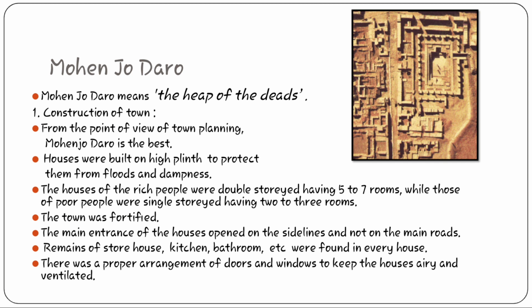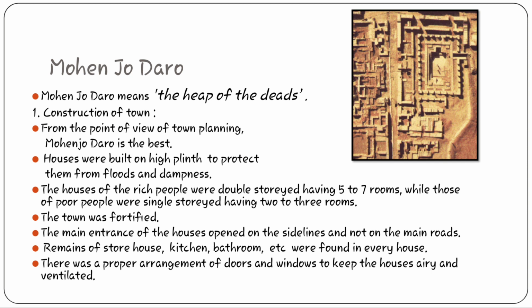The word Mohenjo-daro means the heap of the dead. In this Mohenjo-daro system, we are going into detail about their drainage system, the road system, the construction of their towns, public bath and public building, etc. These were the specialities which they showed years and years back.